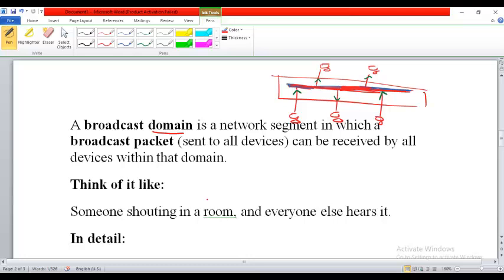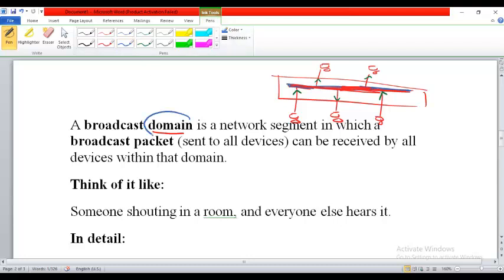The broadcast domain, as I said, to which connected devices the traffic should go is controlled by a controller. For example, this backbone is a controller.